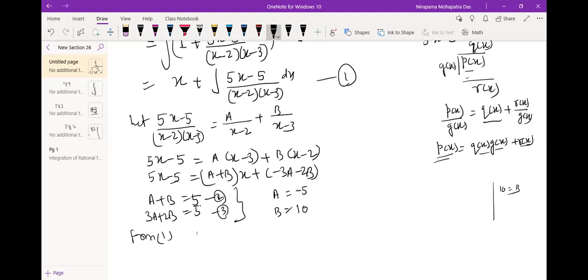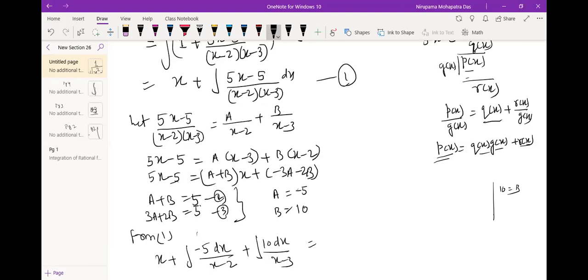From 1 the required integral is x plus integral of A by x minus 2, where A equals minus 5, so minus 5 dx divided by x minus 2, plus 10 dx by x minus 3.